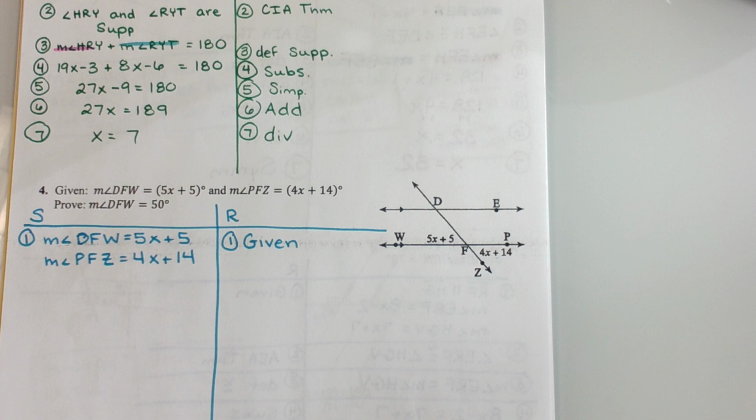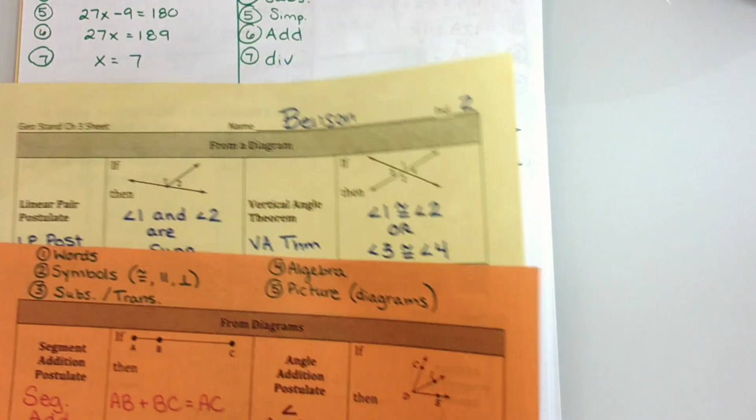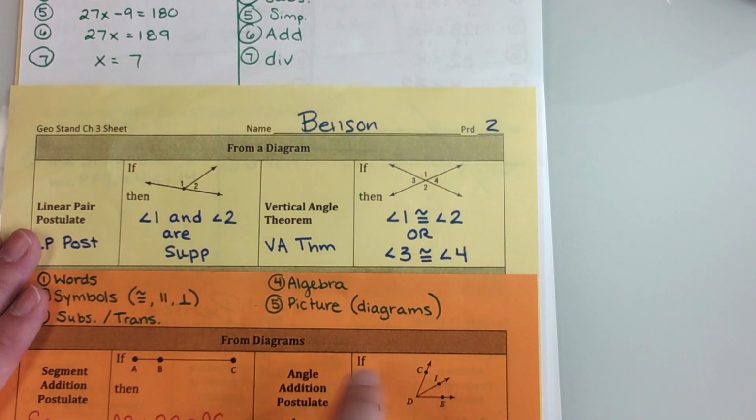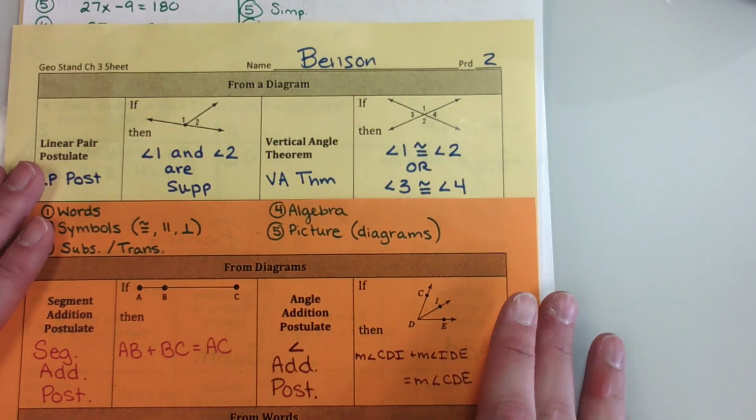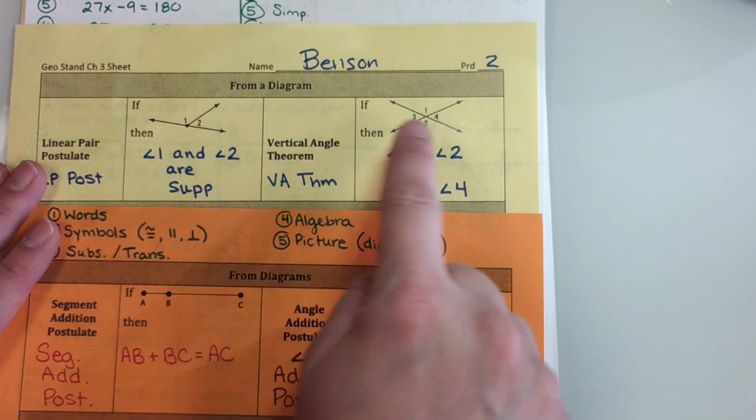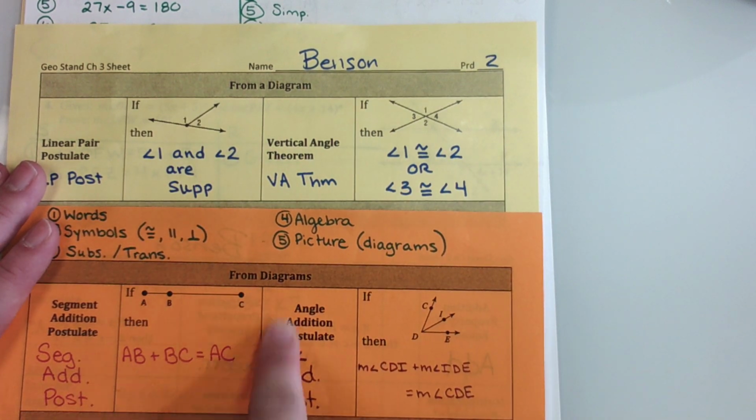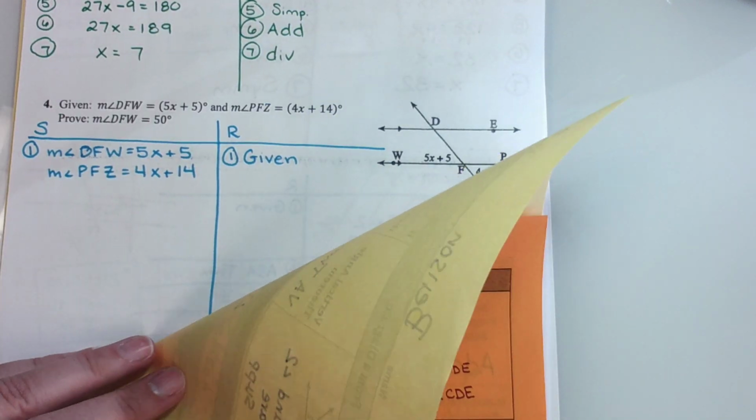There is a picture. Now pictures, things that come purely from pictures are on both postulate sheets. Top of the back of the orange and the top of the yellow. These 4 pictures. Now this one, the segment addition postulate, deals with segments. Those are angles.